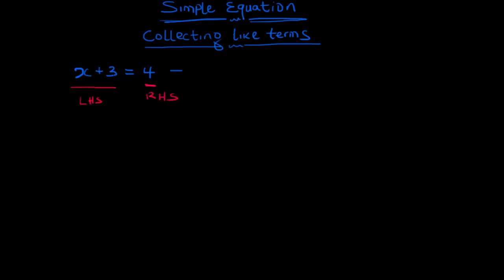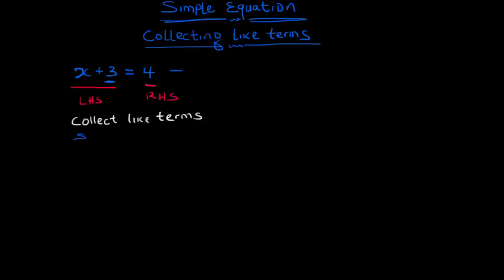Now if I've got x plus 3 equals 4, to find x I have to collect like terms. So I collect like terms. Numbers come together and I've just got one x, so x remains on one side. So I need to take this 3 to the other side. Now to do that, what's the sign of 3 here? Plus.